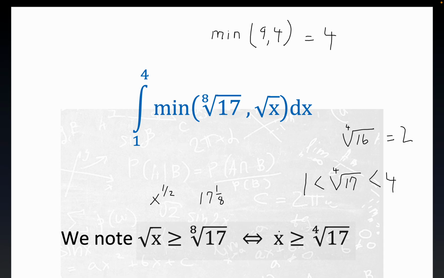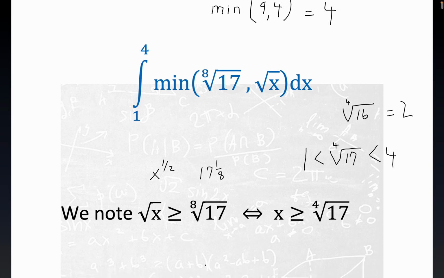Now, let's move along here. This statement has the nice implication that the square root of x is less than or equal to the 8th root of 17, whenever x is between 1 and the... or let's see here, wait, x in the 8th root of 17.